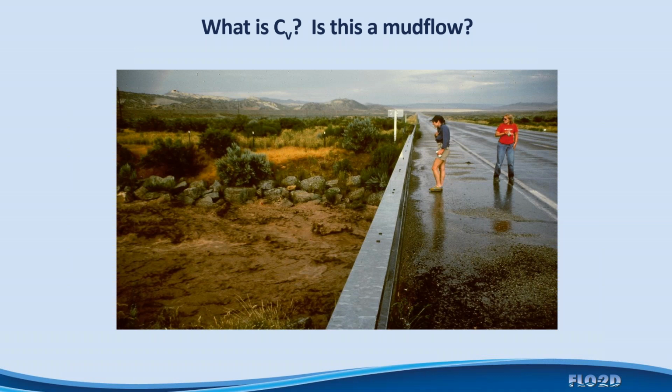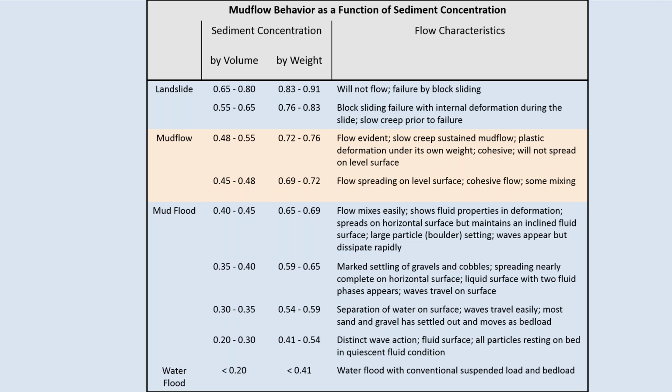It's mostly a water type of flooding, and it was about 22% concentration by volume. And the boulders that were rolling along the bed really don't make up a significant portion of the volume, so you ignore those as part of the fluid matrix. But is this a mud flow? The answer is no, it's not. It's a mud flood, and if you look at this graph here, it'd be down around the lower end of the mud flow. So let's go through this for a second here.